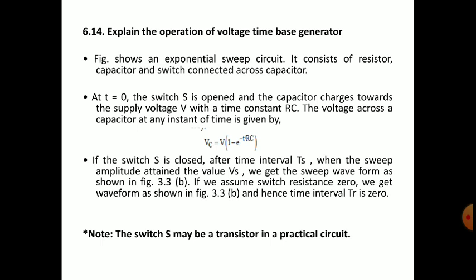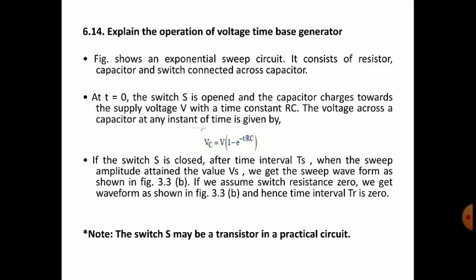The formula Vc is equal to V into 1 minus e power minus t by RC came with the initial value considered as 0, because below t is equal to 0 we have bypassed the circuit, so there is no initial charge. At t is equal to 0 we open the circuit and the capacitor starts charging. After some storage time Ts, it reaches the value Vs.